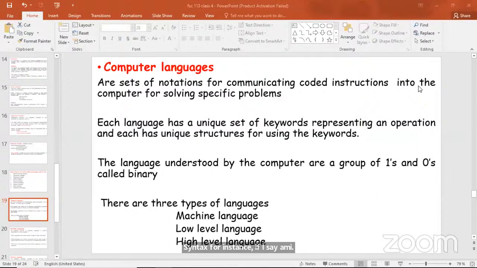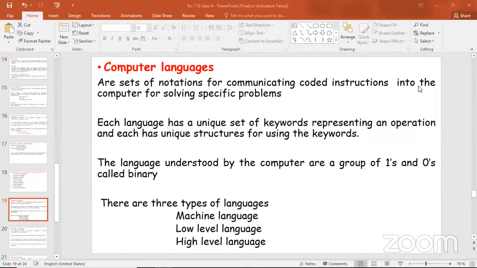"I" must be before "coming" so that it will make meaning. But if I say "come I," of course, you can put them together, but does it have any meaning to you? No. So that means the syntax has to be correct, and the semantics has to also be correct. So each language has a set of unique keywords representing an operation, and it has a unique structure. Structure is the syntax, meaning is the semantics.